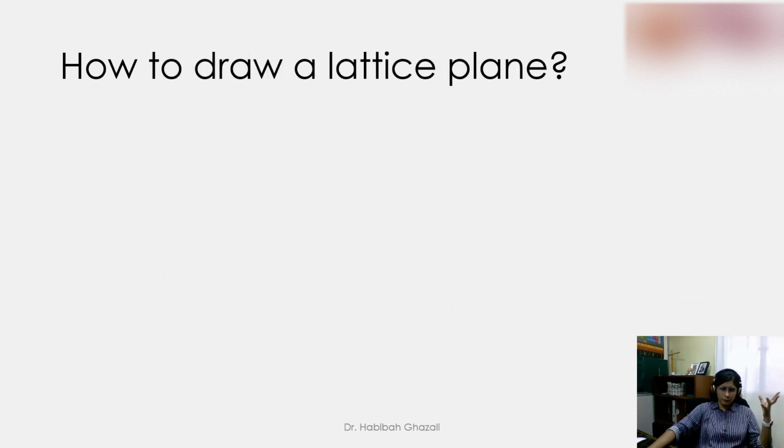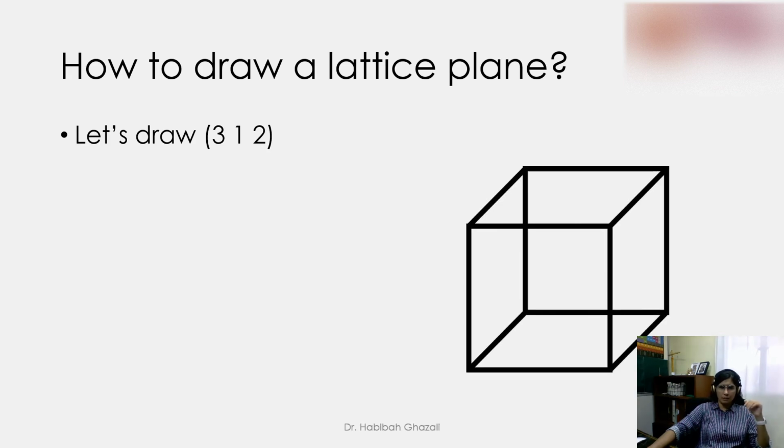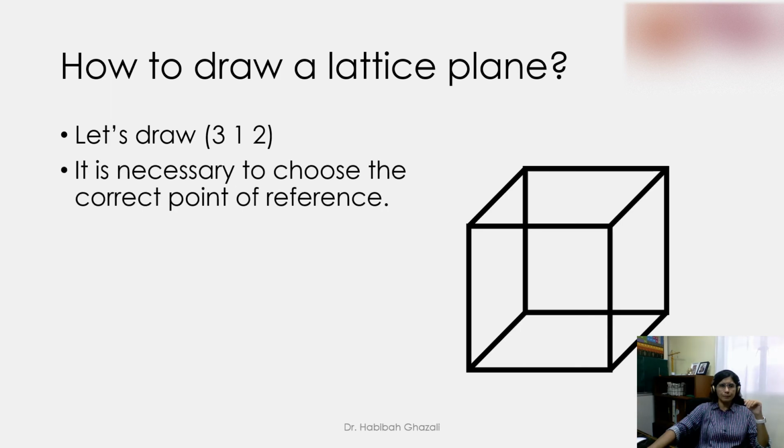Now, how about if I give you the Miller indices for the plane and I want you to draw it? In the exam, you would be given this kind of question as well. So let's draw together the crystal plane of 3, 1, 2. I want to draw this in this cubic unit cell. It is necessary for me to choose the correct point of reference to start drawing this plane.